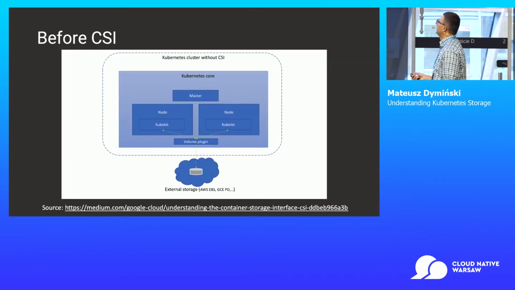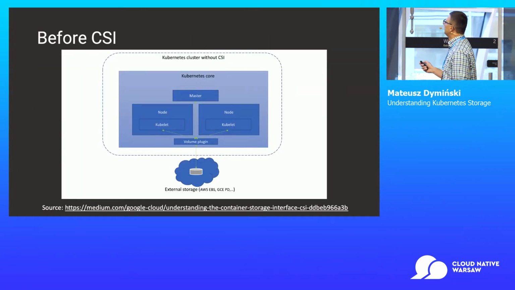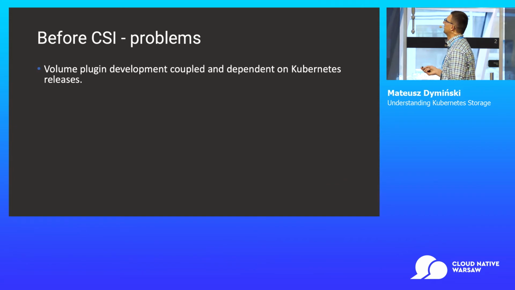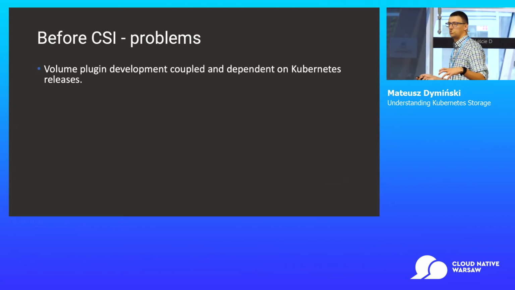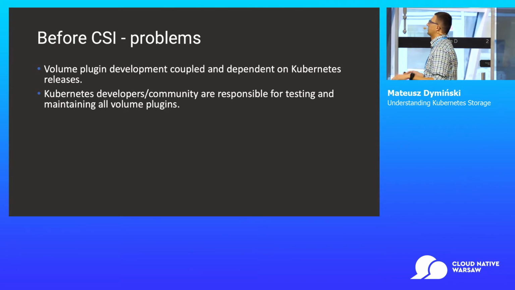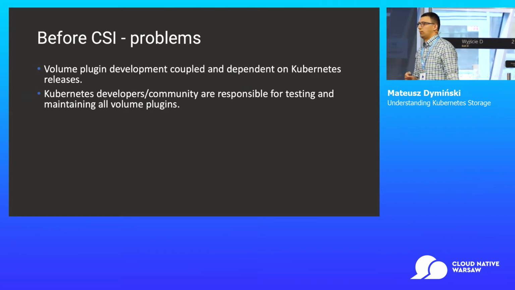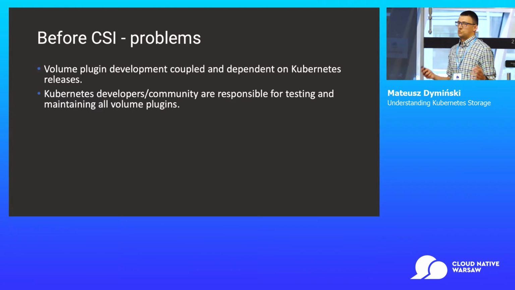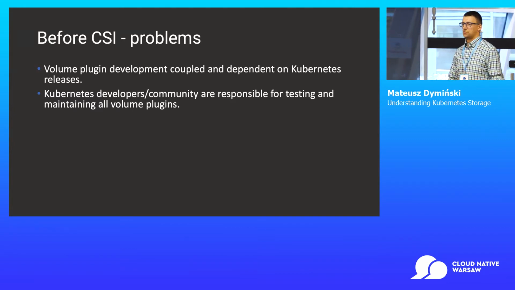Before the CSI, the volume plugin was inside the Kubernetes core. The code was there, and that was the problem. The code of this plugin was extremely coupled to Kubernetes, and there were bugs, and the bugs might also break the whole of Kubernetes because the code was inside the core.